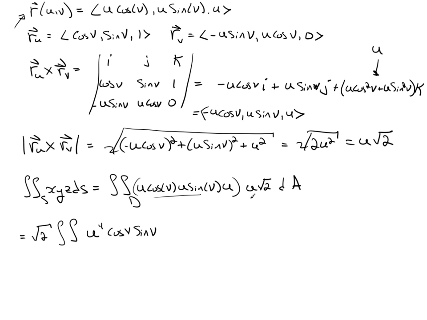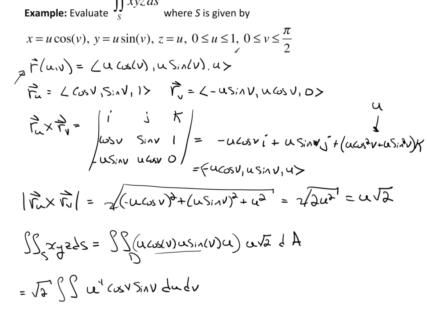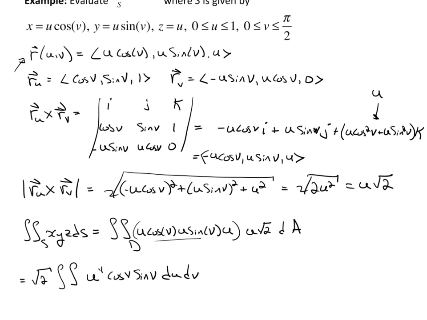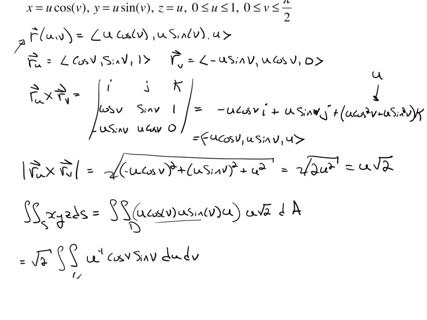So if I do du dv, it doesn't really make much of a difference. u went from 0 to 1, and v went from 0 to pi over 2. Well, looking at this, this is going to be u to the fifth over 5 from 0 to 1, which is just going to give me a fifth.